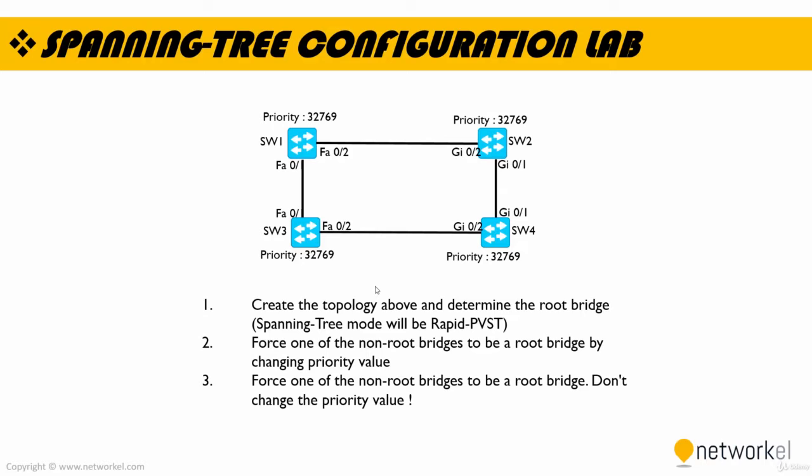Force one of the non-root bridges to be a root bridge by changing the priority value. As you can see, the default priority value is 32,768.